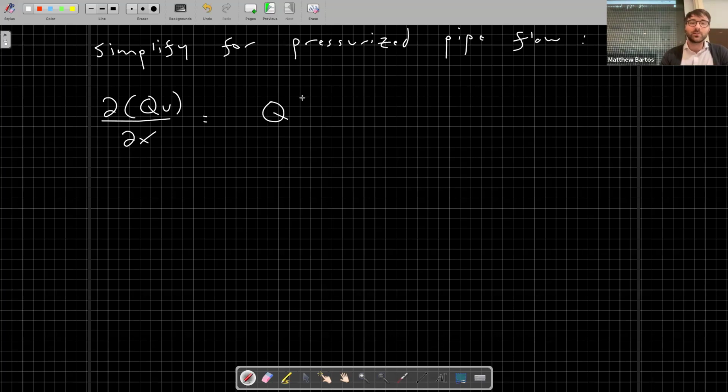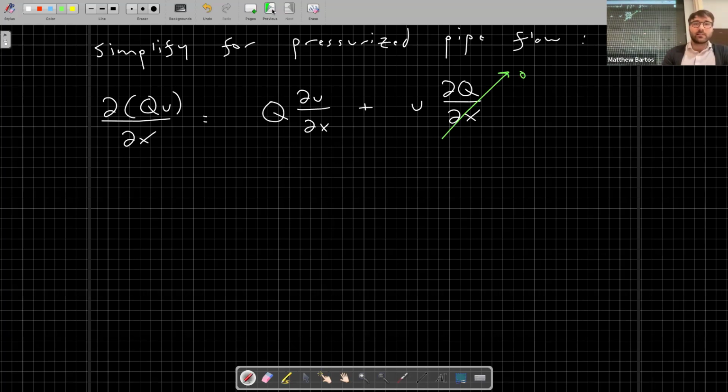So we can write that as Q times du/dx plus u times dQ/dx. If we think back to the conservation of mass for pressurized pipe flow, what is dQ/dx? Zero. So this is basically the volumetric flux through our control volume, the flow out minus the flow in. For a pressurized pipe, this term has to be equal to 0 because the flow out is equal to the flow in.